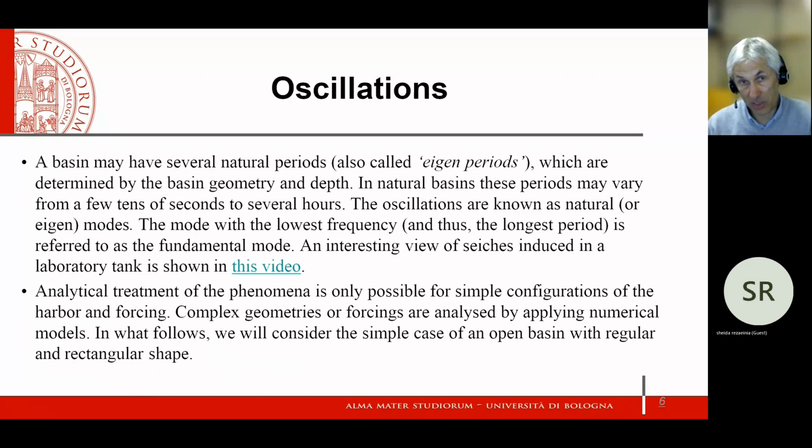So the sum of the two may generate forcing down that brings the water level to an even lower level. So if the period of the forcing is the same as the period of the ups and downs in the basin, then these fluctuations may overlap, may add to each other, therefore originating the resonance.